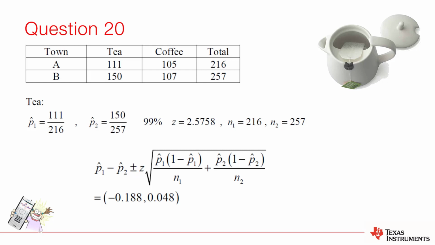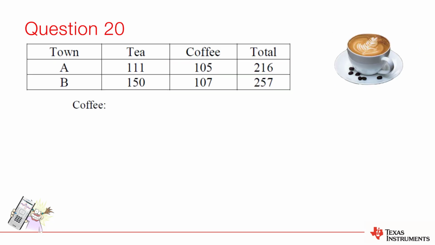Let's have a look at coffee now. For coffee, what's the only difference here? For coffee, P1 is 105 over 216, town A, and P2 is 107 over 257. All the other values are the same.